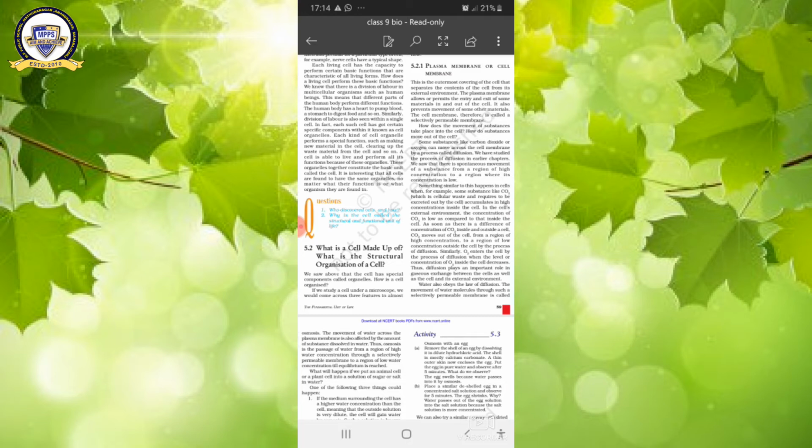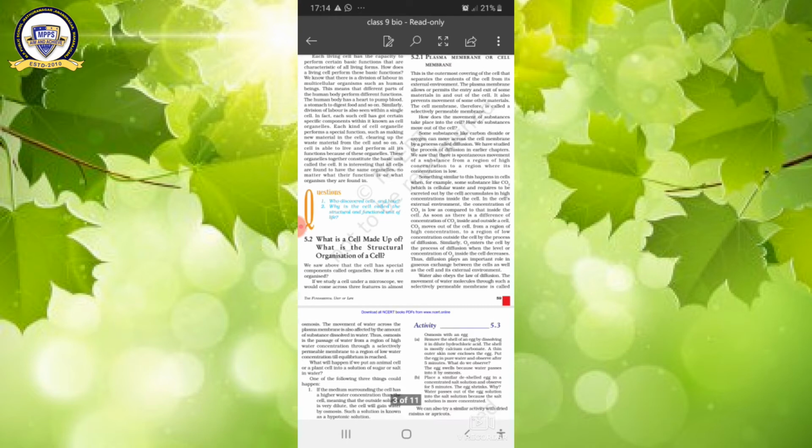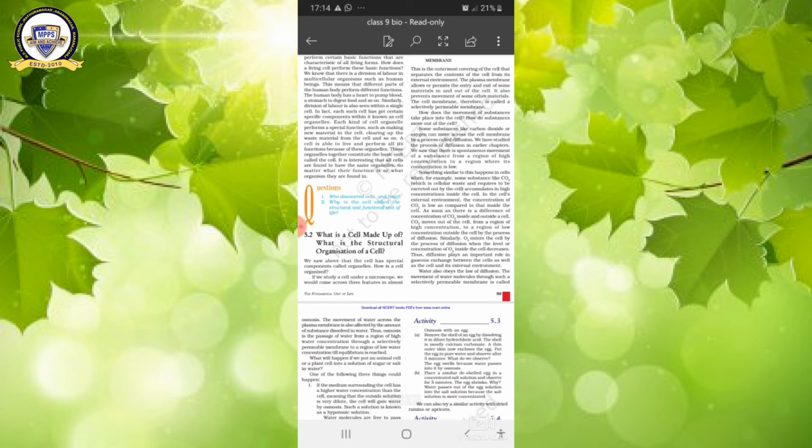Something similar to this happens in cells when, for example, some substance like carbon dioxide, which is cellular waste and requires to be excreted out by the cell, accumulates in high concentration inside the cell. In the cell's external environment, the concentration of carbon dioxide is low as compared to that inside the cell.